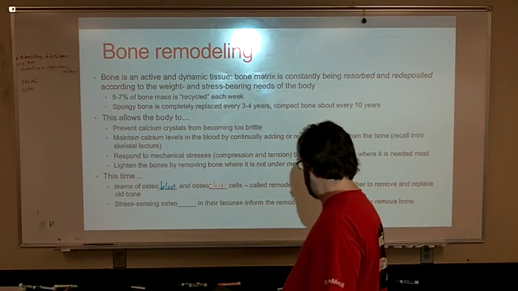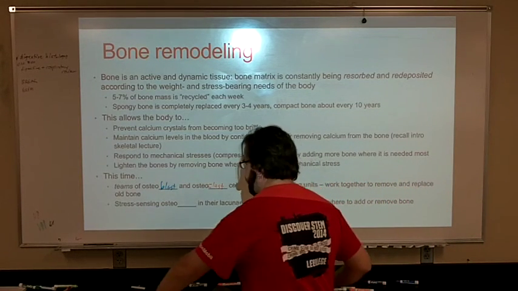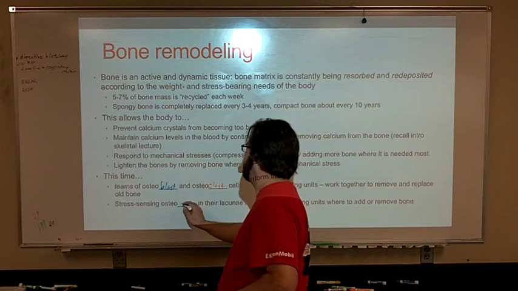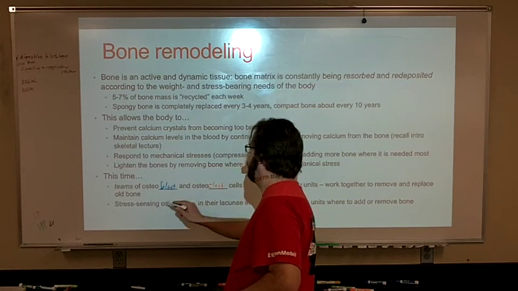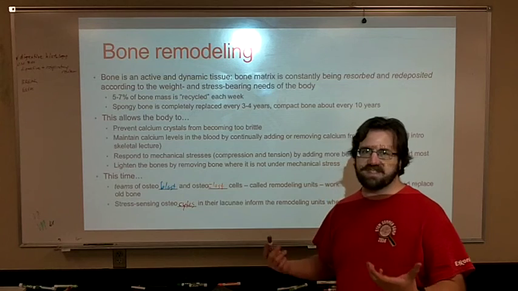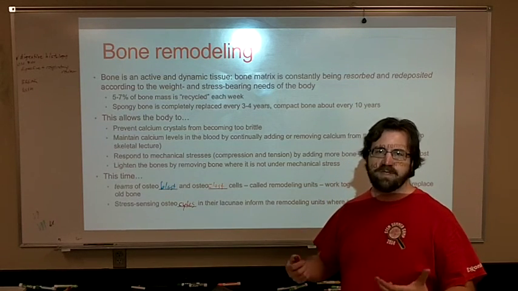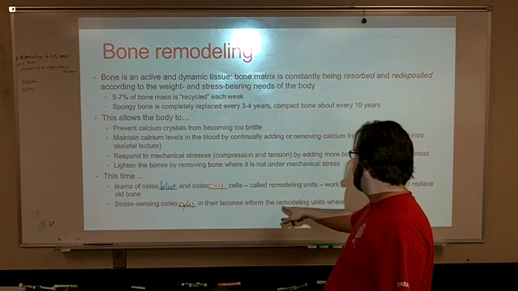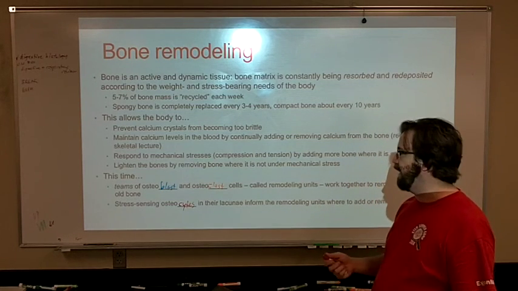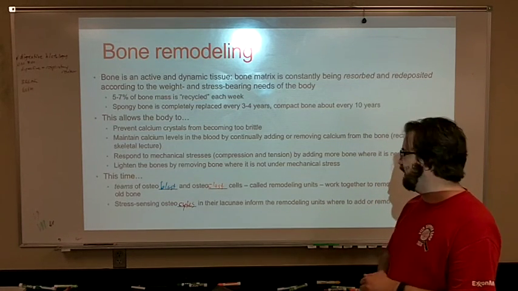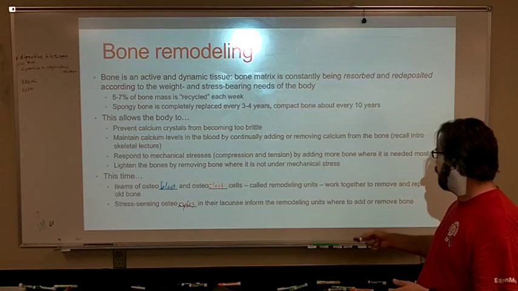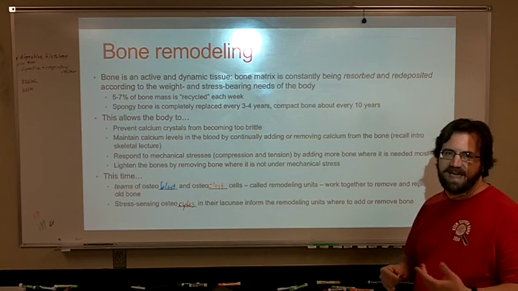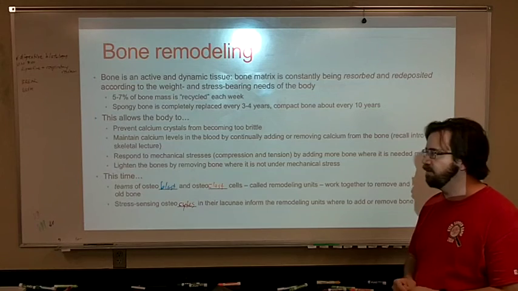And the cells that stay in the tissue, the osteocytes, the maintenance cells, have stress sensors. They can tell when the bone around them is being compressed or stressed, and they inform the remodeling units around them, the osteoblast, osteoclast teams, where the bone needs to be added and where the bone is allowed to be removed.